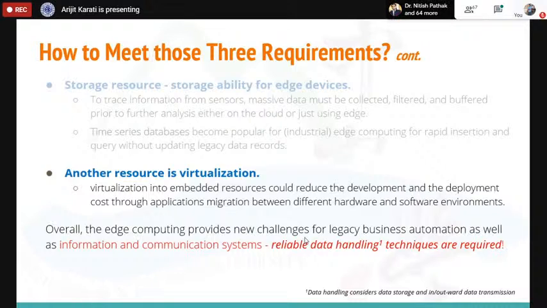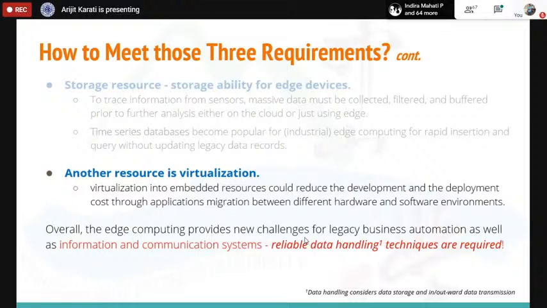It can be analyzed even though it is encrypted, and we can also take decisions in lesser time, with low latency, not high latency. So what do I mean by data handling? Data handling, as I mention here, is considered as data storage and inward and outward data transmission.